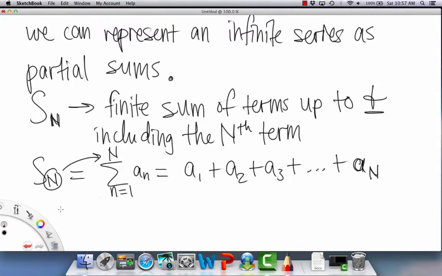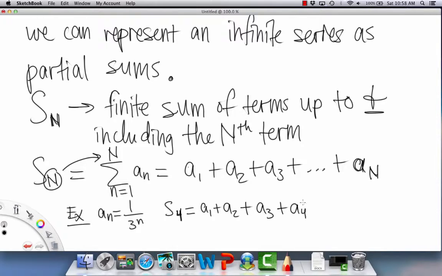So for example, just a little example down here to illustrate. Let's say we're given the sequence a sub n equals 1 over 3 to the n, okay? And we're asked to find, I don't know, S4. So this is the partial sums up to the fourth term. So that would just be a1 plus a2 plus a3 plus a4, okay?